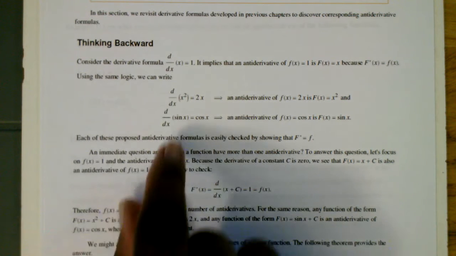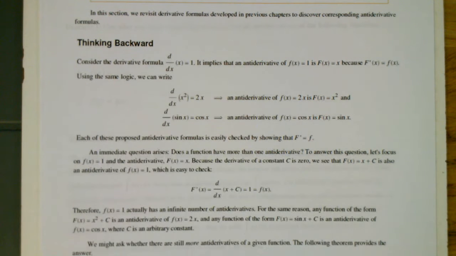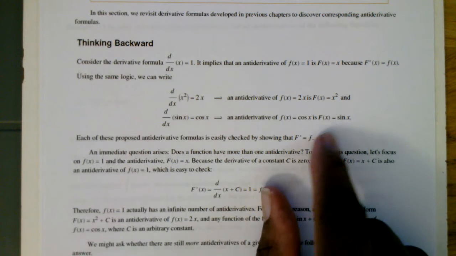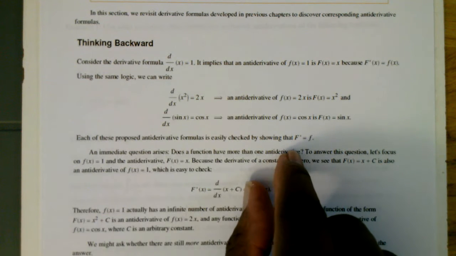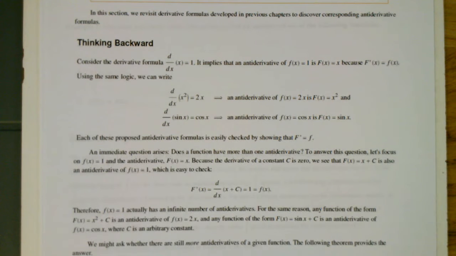And the derivative with respect to x of sine of x would be equal to the cosine of x. That will imply that the antiderivative of f of x equal to cosine of x would be capital F of x equal to sine of x. These proposed antiderivative formulas can be checked by showing that F prime equals f.